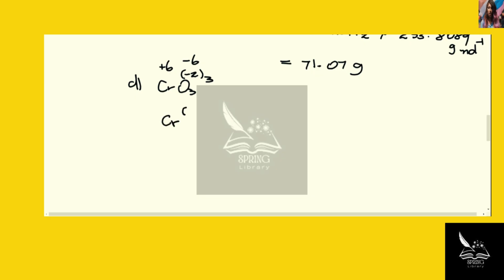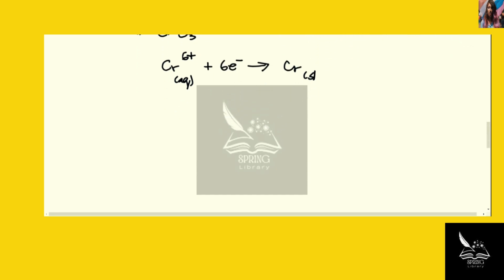So the half reaction is as follows. You have Cr6+, you need to gain 6 electrons to become chromium solid. Right? So this means that each chromium ion requires 6 electrons to produce 1 chromium atom. So 6 moles of electrons produces 1 mole of chromium.